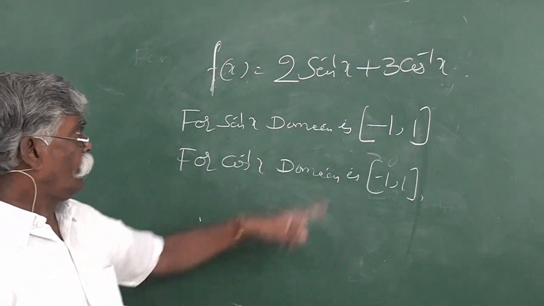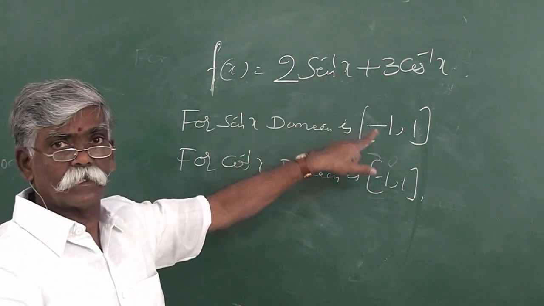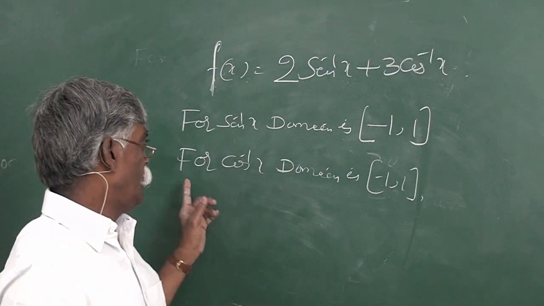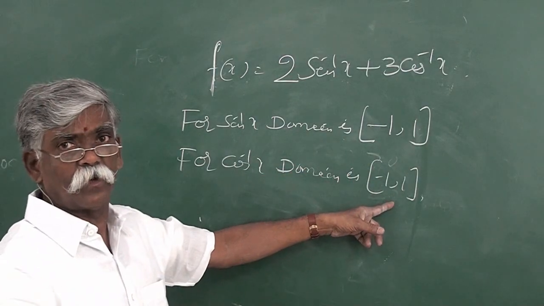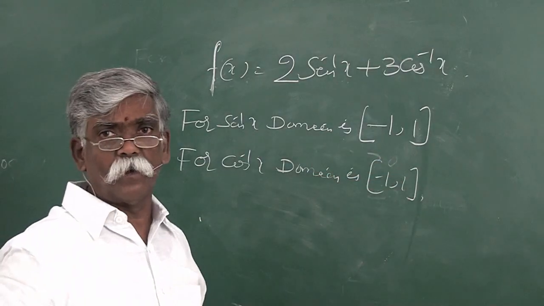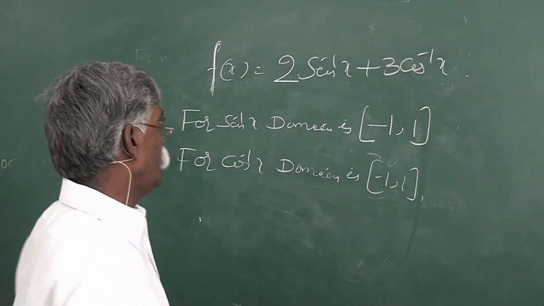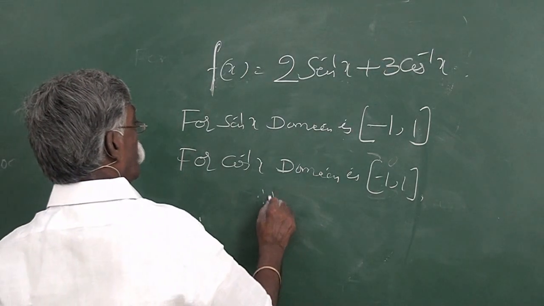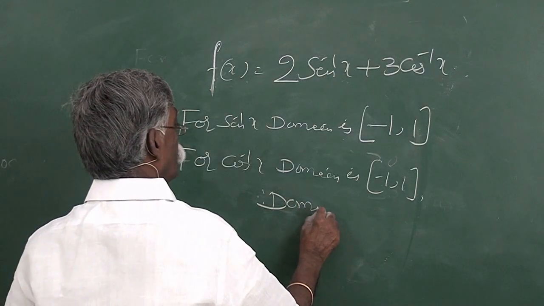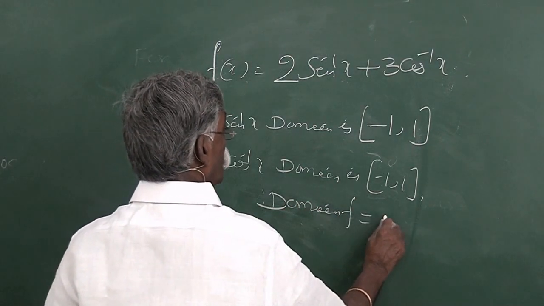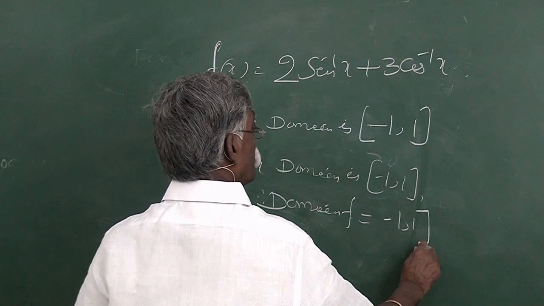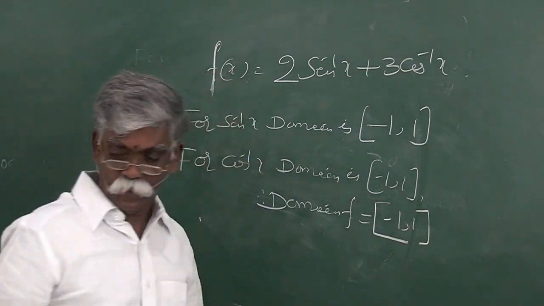So, we know that the domain of sine inverse x is [minus 1, 1], and the domain of cos inverse x is [minus 1, 1], and the common interval for both is [minus 1, 1] only. Therefore, domain of f is equal to [minus 1, 1], closed brackets.